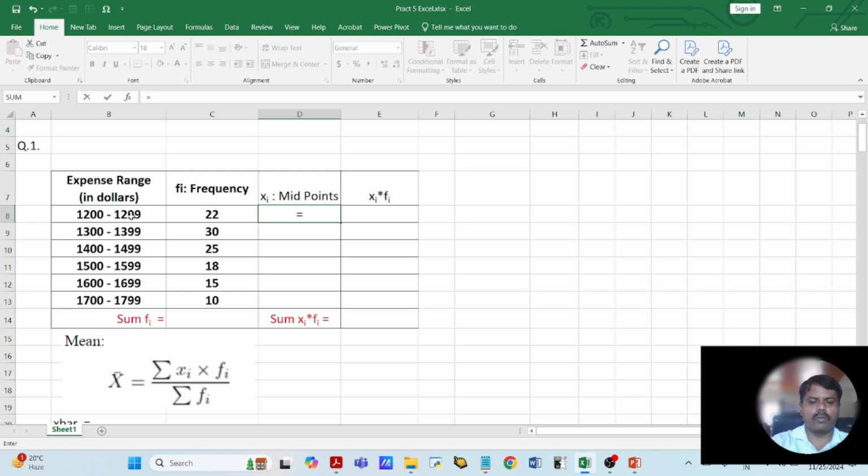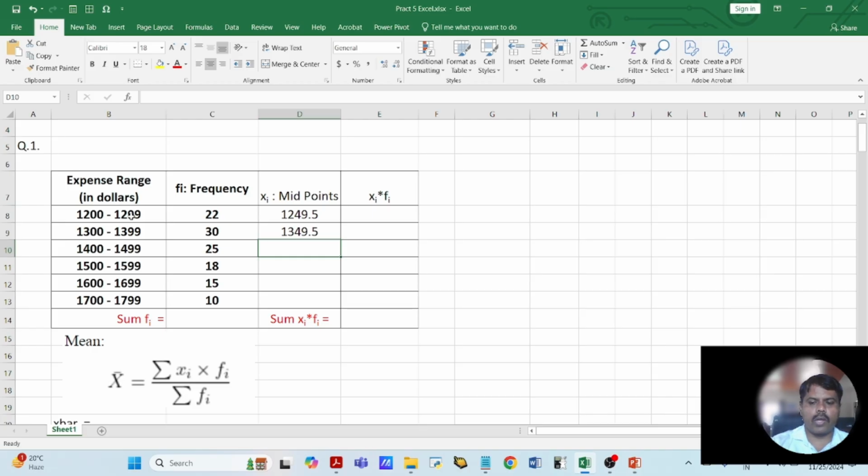We use is equal to lower limit 1200 plus upper limit 1299 divided by 2. That is the midpoint of first class interval. Similarly, for second, lower limit is 1300 plus upper limit is 1399 divided by 2. So in this way, we can find all midpoints.